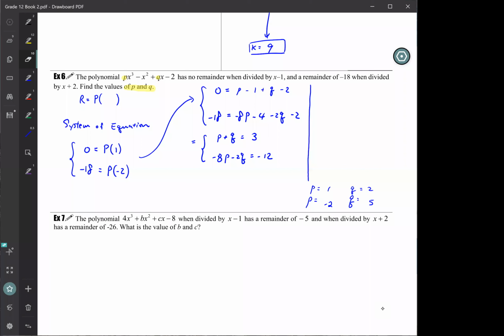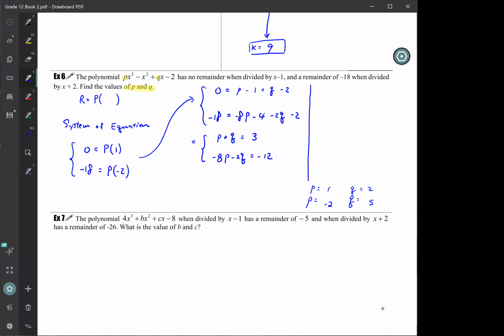Okay, if I were to do this question, I'm going to use elimination, but of course you can do a substitution. So Cindy, which way did you do? I did substitution. Can you tell me what you did?